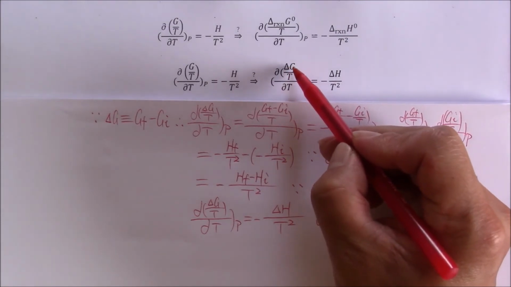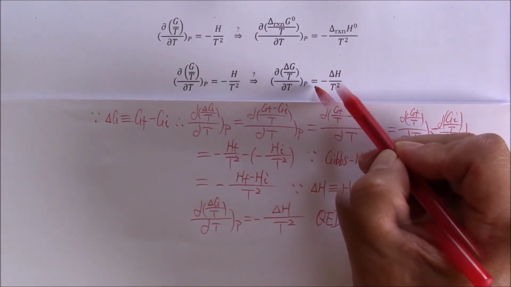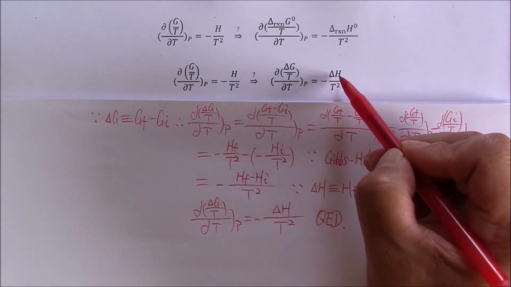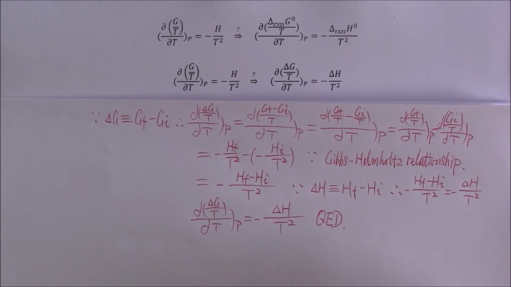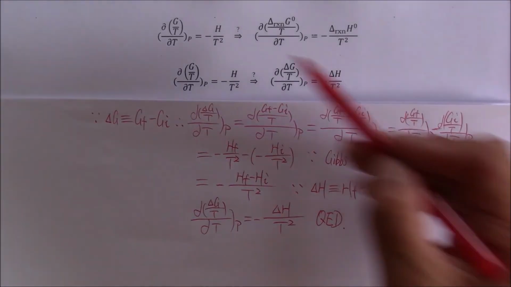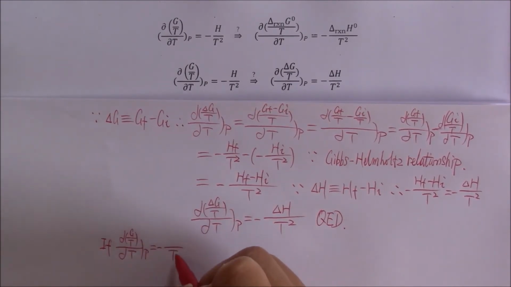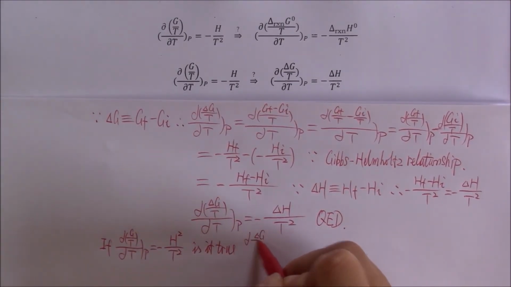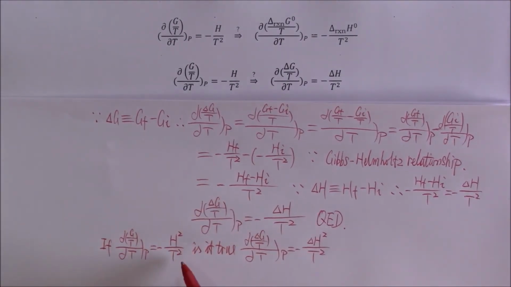Partial (delta G over T), partial T at constant P, will not be equal to negative delta H squared over T squared. We will use similar steps as what we did for the derivation here. I'm going to show that if this is true, this is not true.